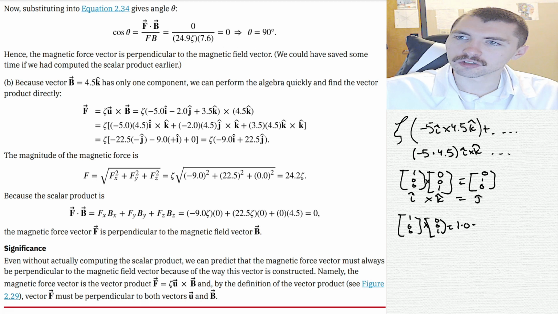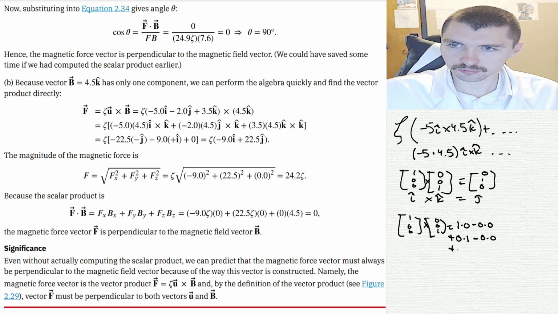Equals 1 times 0 minus 0 times 0, plus 0 times 1 minus 0 times 0, plus 1 times 1 minus... so we did 0, 1, 0, 0, so it would be 1, 1 minus 1 minus... no, it would be 0, so this would be 0, this would be 1.